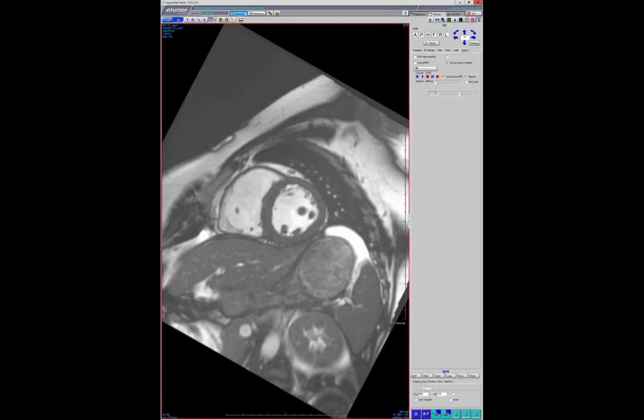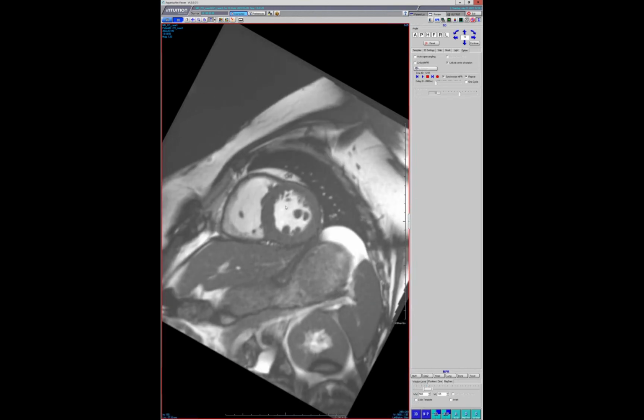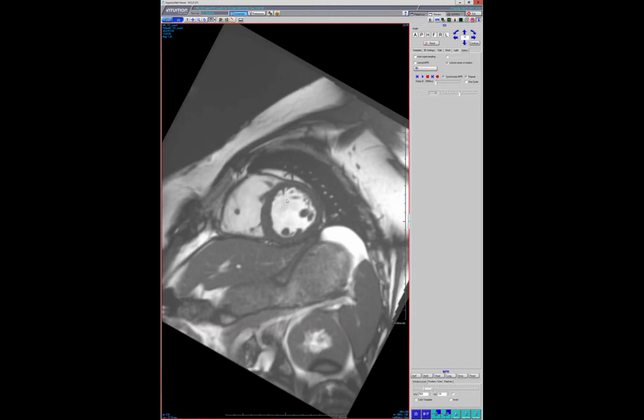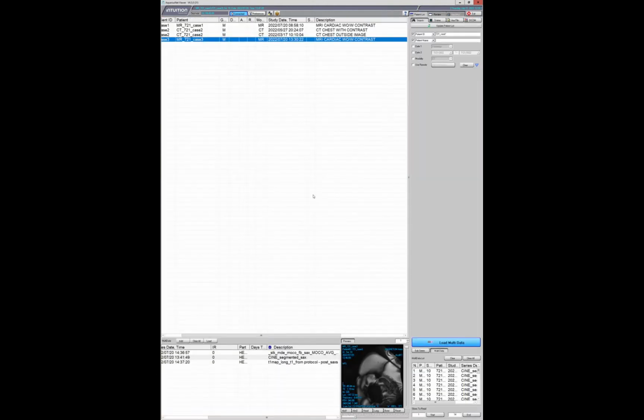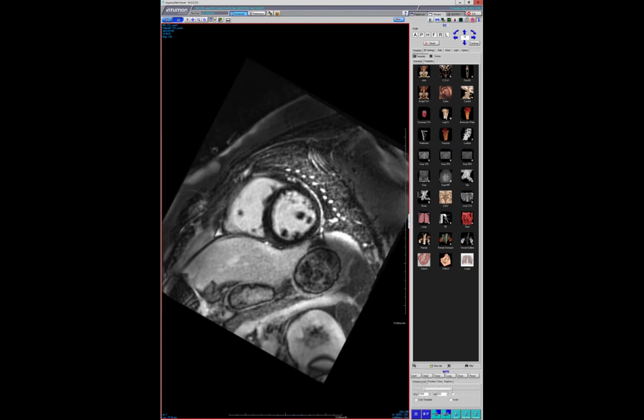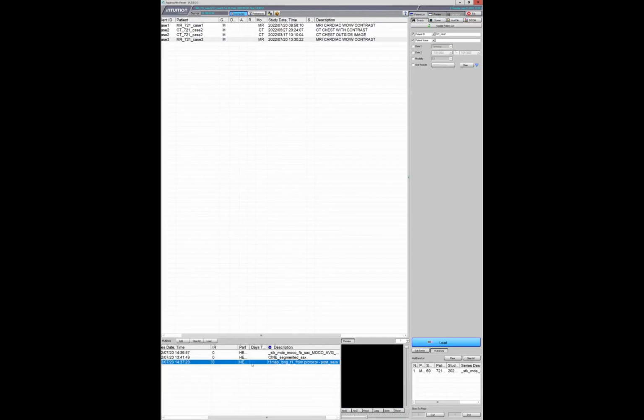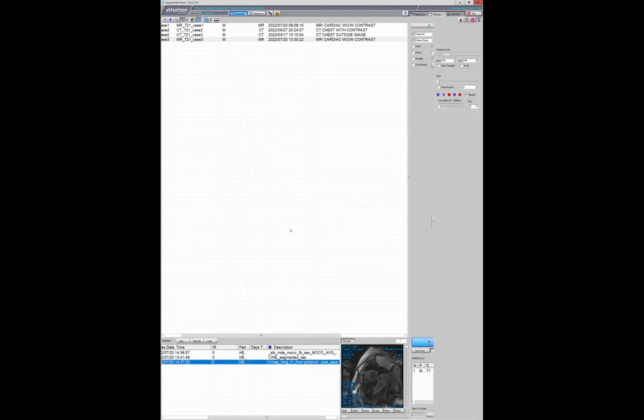There is some hypertrophy involving some of the basilar segments, but this is a young guy who has Fabry's disease. He does have some hypertrophy of the segments, but his delayed enhancement is completely normal. Nothing at all.